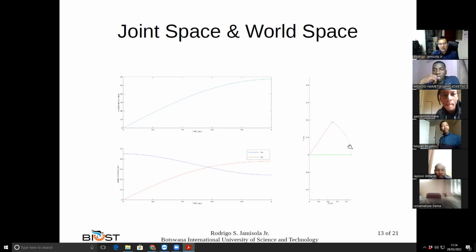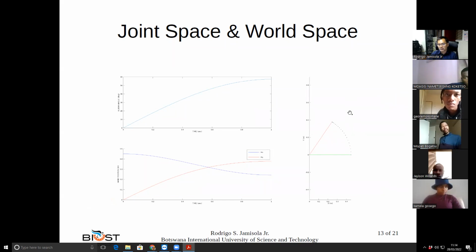So now we also plot the hand. Where is the hand with respect to the world? This is the hand, or the end effector, or the tip of the robot. This is the X hand, the location of the hand with respect to the X-axis, and the other one is the location of the hand with respect to the Y-axis as the robot moves from here to the 60-degree angle.